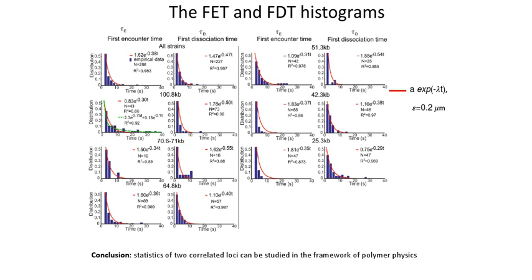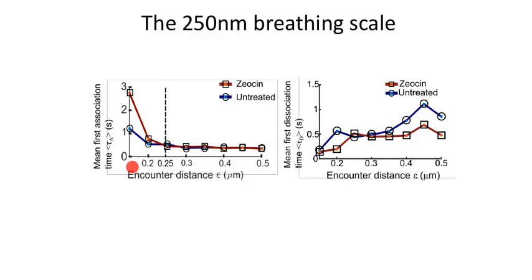And so when this association and dissociation time are plotted versus this encounter distance epsilon, what has been found in the literature is that for the case of an untreated versus Eocene, which induced double-strand DNA break, the association time was almost not changing, except in a region of 200, 250 nanometers, where it takes more time for Eocene to associate, probably because there was a reorganization of the chromatin, and in the case of double-strand DNA break, the chromatin has been decondensed.